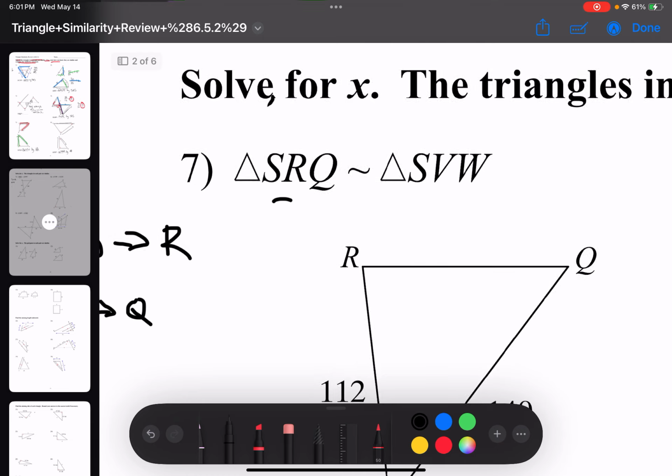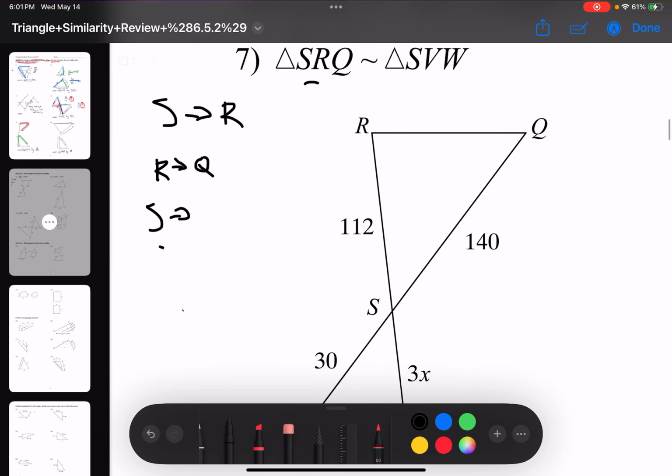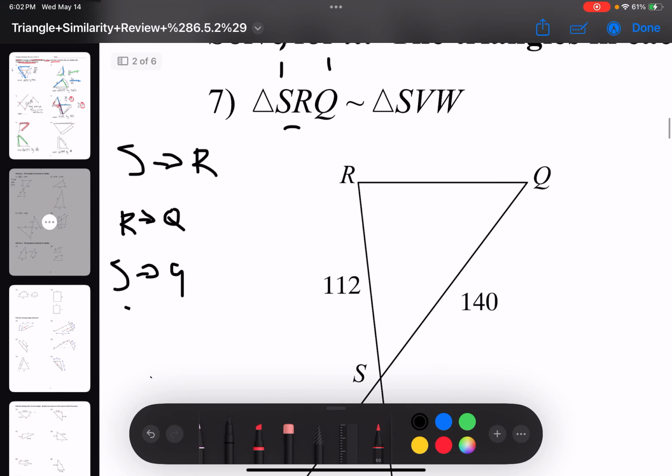And then for the third one, it would be S to Q. And then same for the other side. These are the same because they're in the same order. That's why the same order is so important. And then B to W, these ones right here. And then for the last two, S to W.